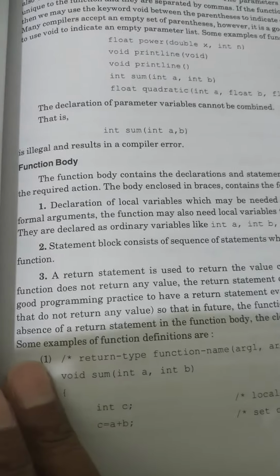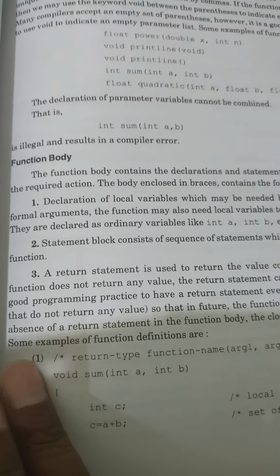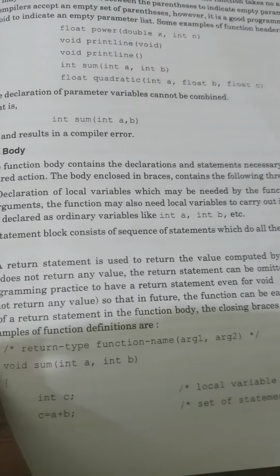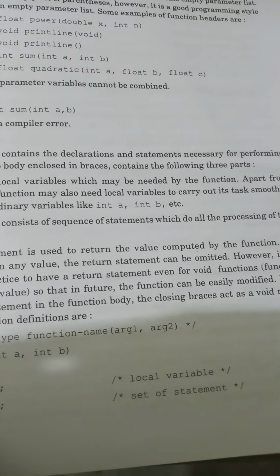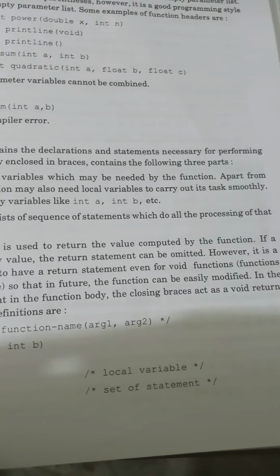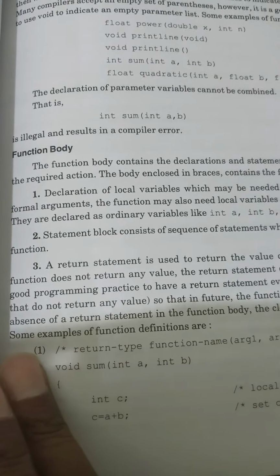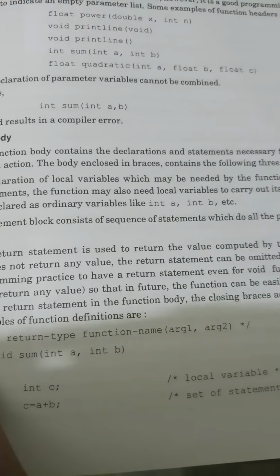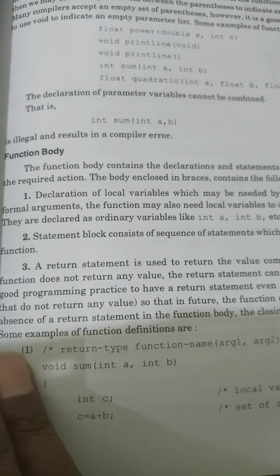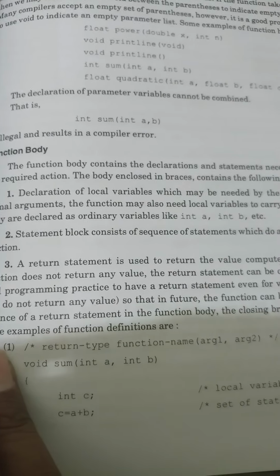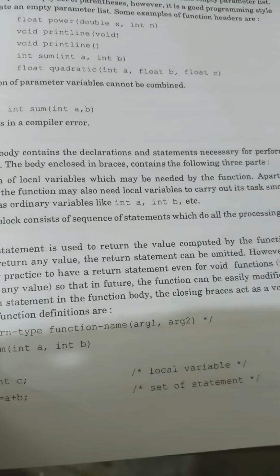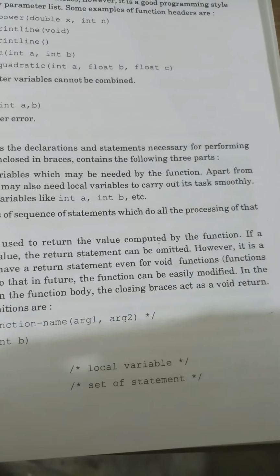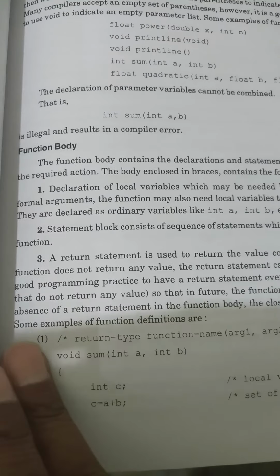Apart from formal arguments, the function may also need local variables to carry out its task smoothly. They are declared as ordinary variables like int a, int b, etc. Two, a statement block consists of a sequence of statements which do all the processing of that function.